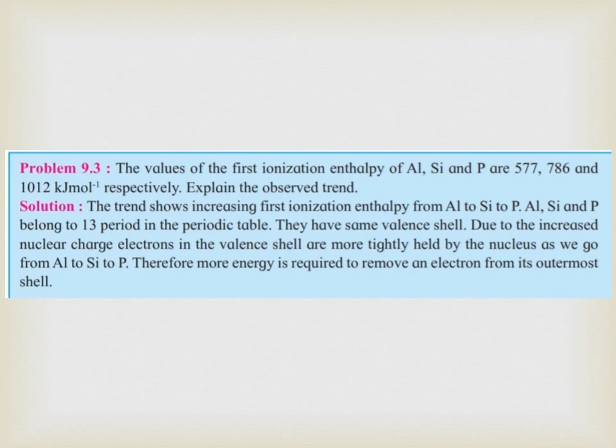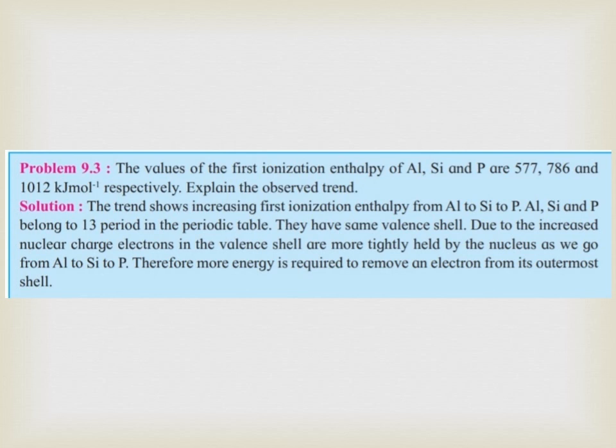Let us see problem number 3. The values of the first ionization enthalpy of aluminium, silicon and phosphorus are 577, 786 and 1012 kilojoules per mole respectively. Explain the observed trend. So my dear students, you can see the value of first ionization enthalpy of phosphorus is greater than that of aluminium and silicon.